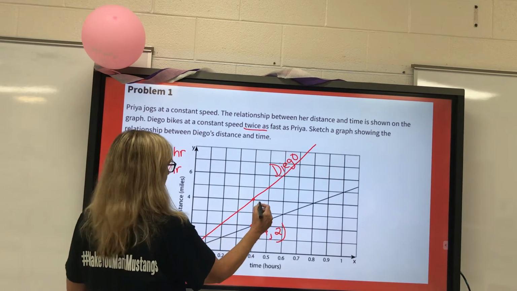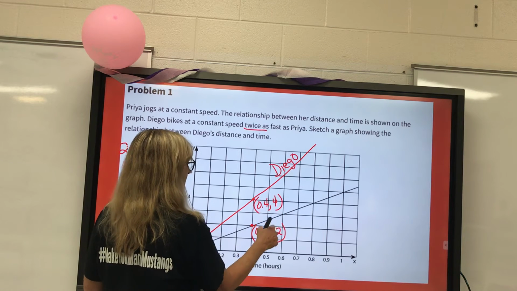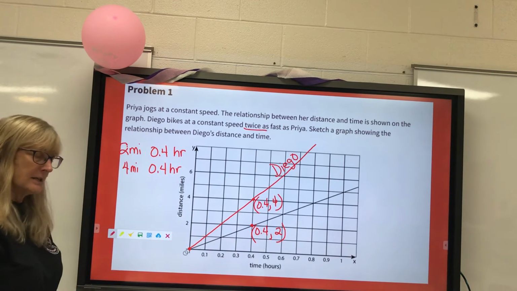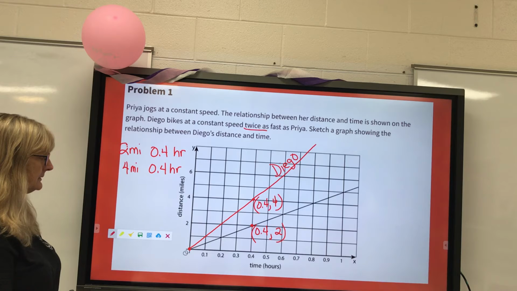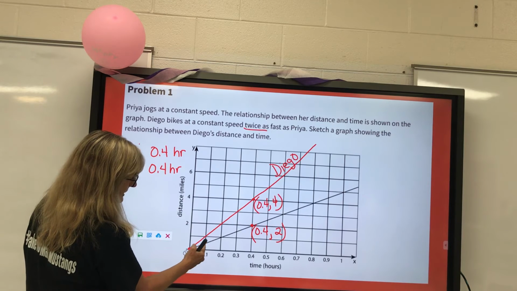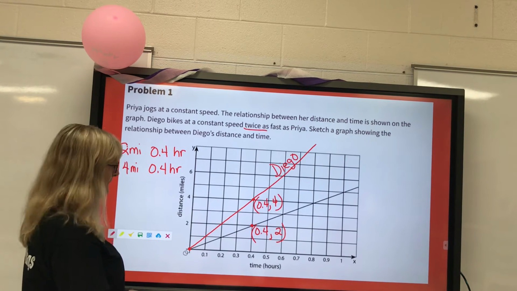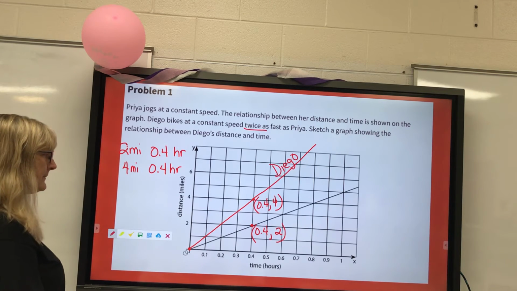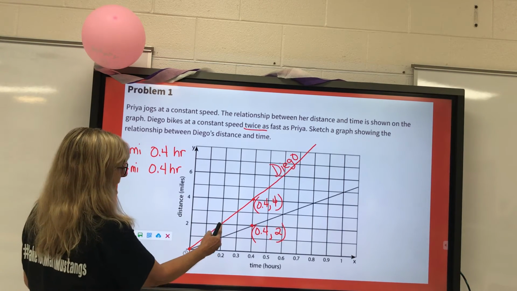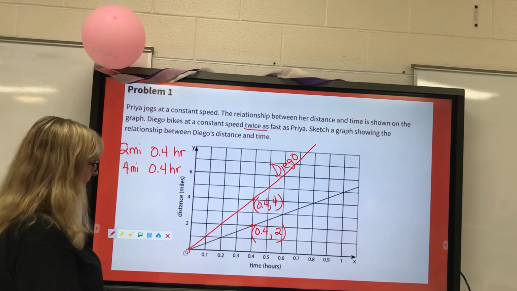Because this is 0.4, 4, which makes him twice as fast. And if you look down here, is he twice as fast here at 0.1? Mm-hmm. Is he twice as fast here? Yes. Okay.